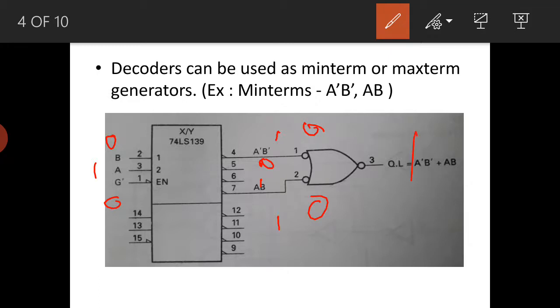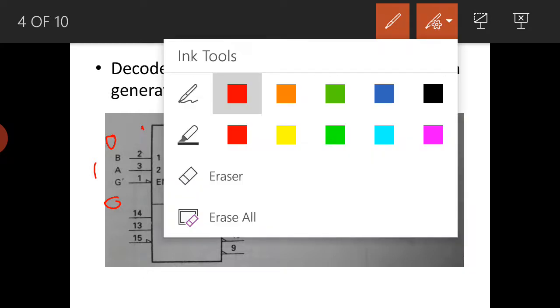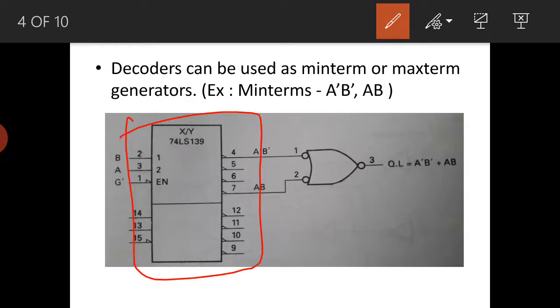In this case the output is 1, which means there is no output, because the output is active only when it is 0. So this is not the output now. Like this we can use a decoder with one external gate. We can implement the Boolean equation, which means the decoder can be used as a part of the design in the realization of a combinational circuit, to generate the minterms.